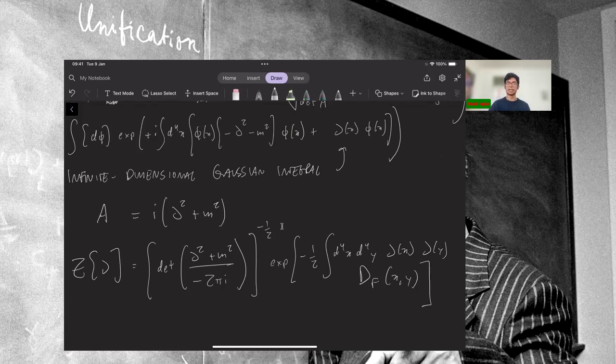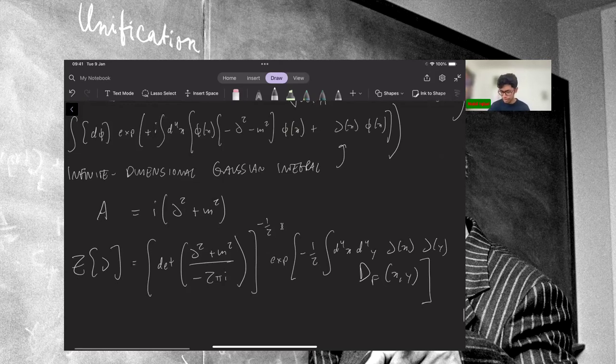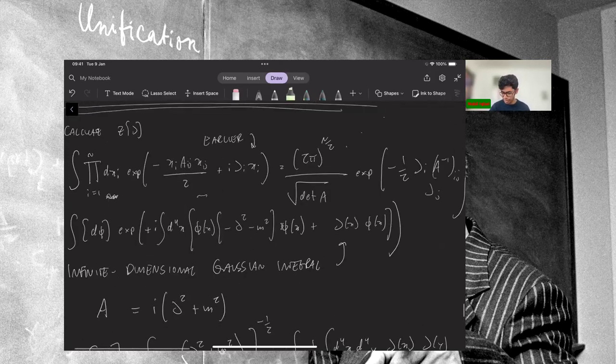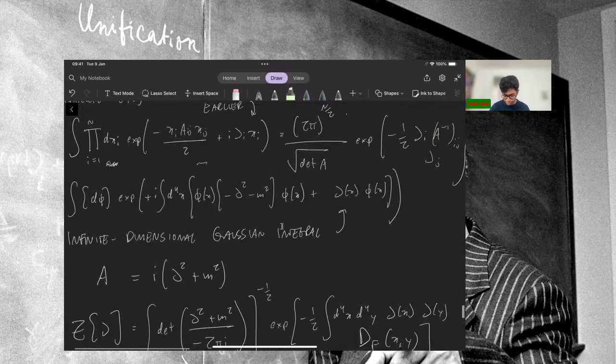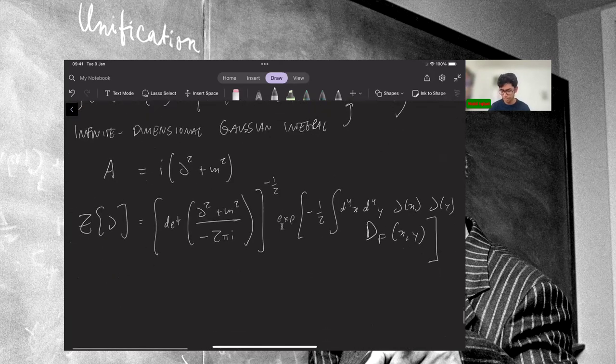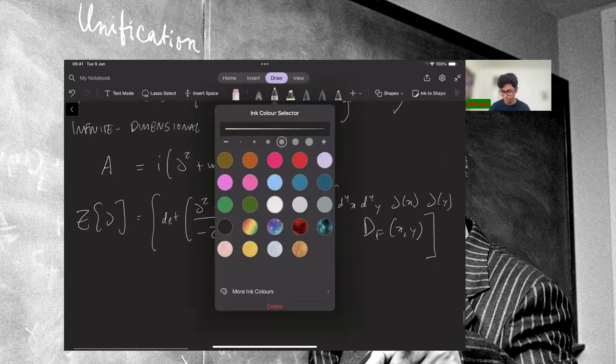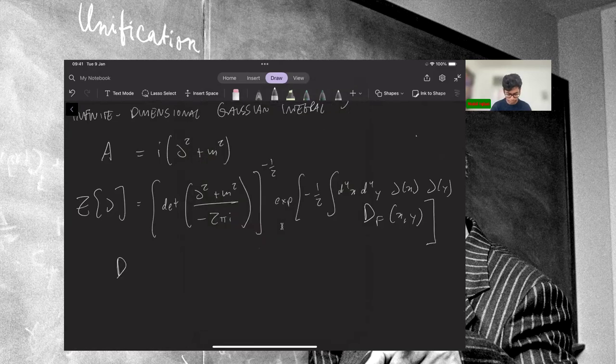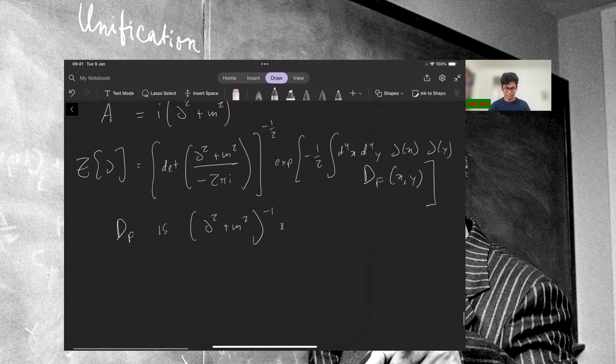Now, why am I calling it D_F? D_F from this formula should be the inverse of this operator A. It turns out that D_F will end up being the Feynman propagator, but we don't technically know that yet. For now, D_F is just the inverse, something like (partial squared plus m squared) inverse. So let's write down what that means as an inverse.